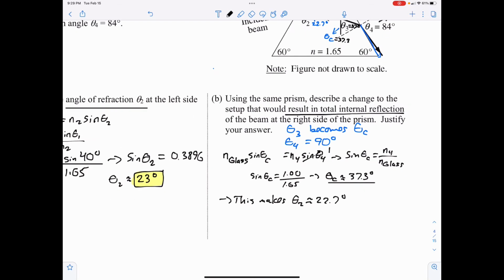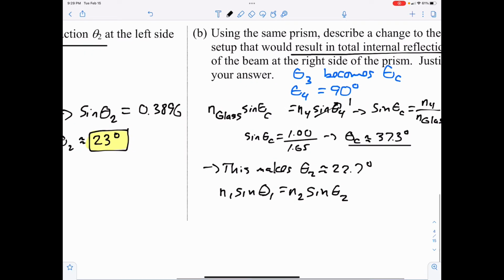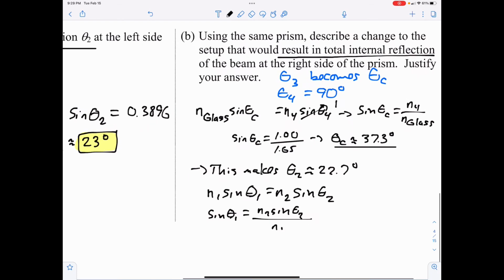Now, using Snell's law, we go backwards. N1 sine theta 1 equals N2 sine theta 2, and we solve for theta 1 this time to see what that incident angle should be. So sine of theta 1 is equal to N2 sine theta 2 over N1.